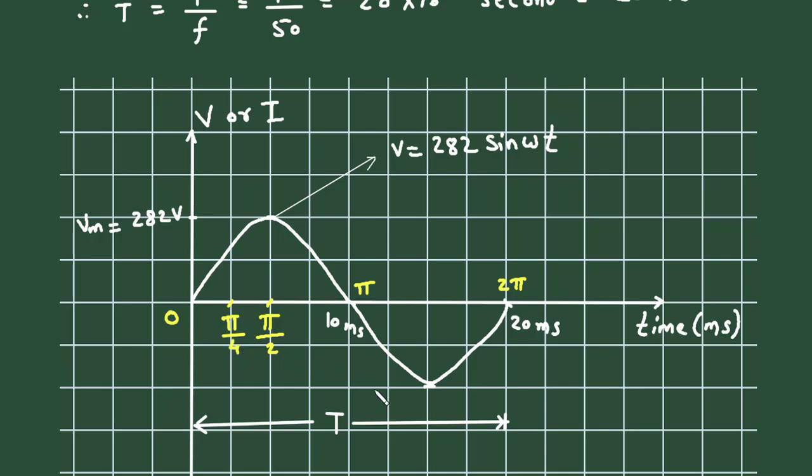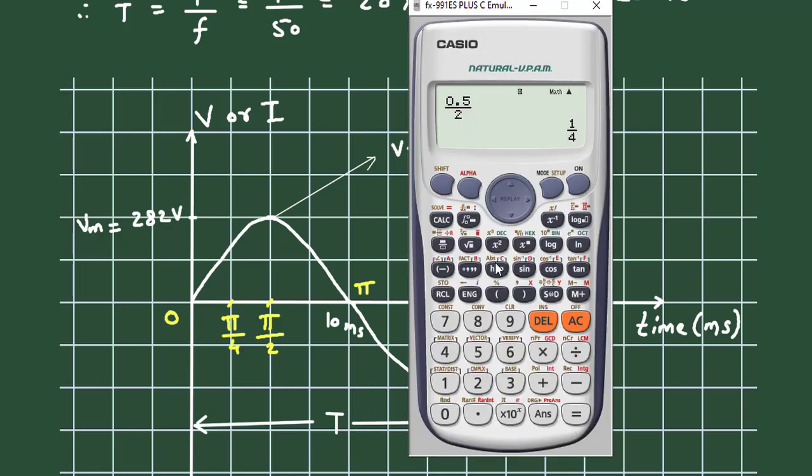Again if we take half of this pi by 4, 0.25 divided by 2, it will be pi by 8.